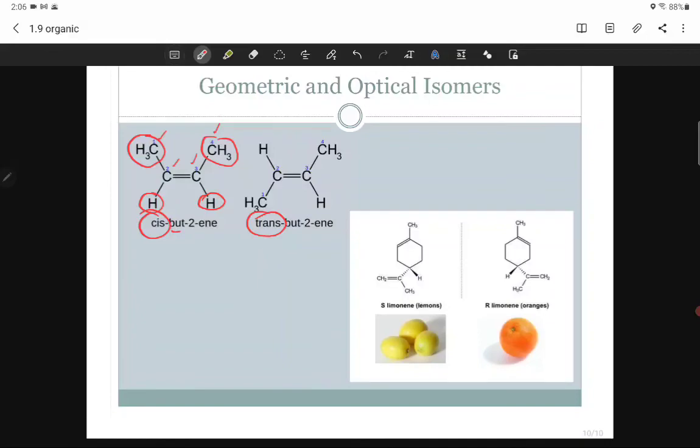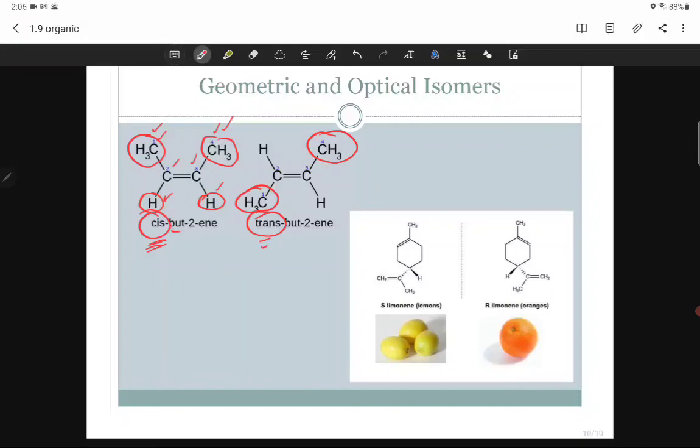It can be other combinations of carbons. But anyhow, hydrocarbons on one side and just hydrogens on another side. That's the definition of cis. If you have kind of a catty corner arrangement, that's trans. And that's about all we're going to talk about in this class with those.